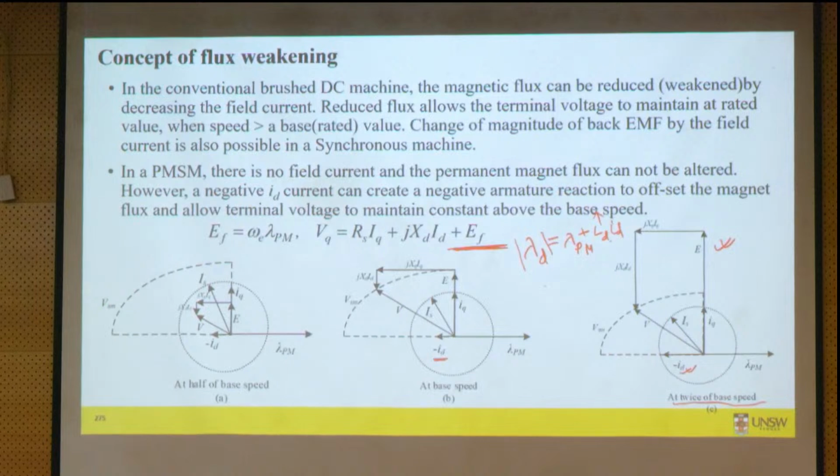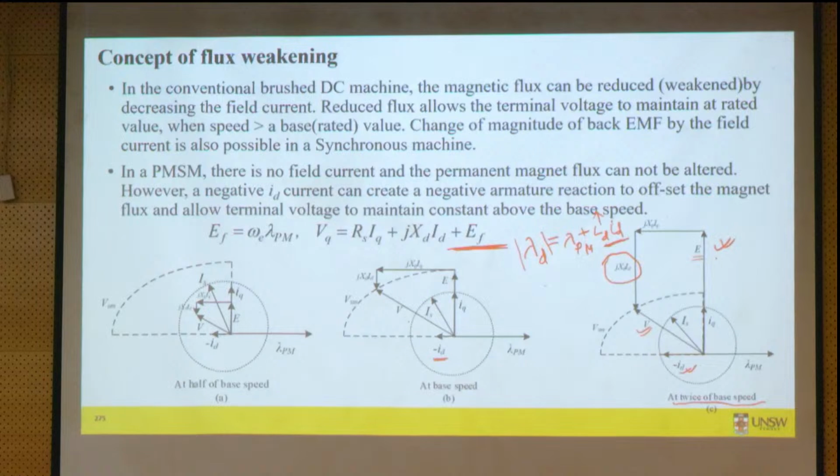So this term has increased, and the increase of this term also means that this reactive drop increases, which is in the opposite direction of your EMF. So the resultant voltage is EMF and the reactive drop together, right? So your terminal voltage will reduce.